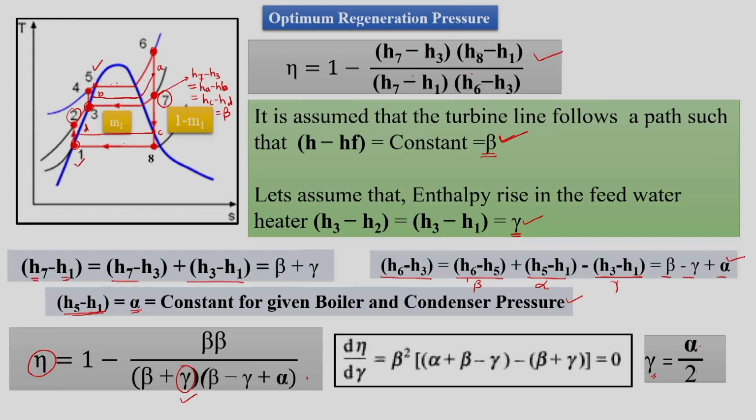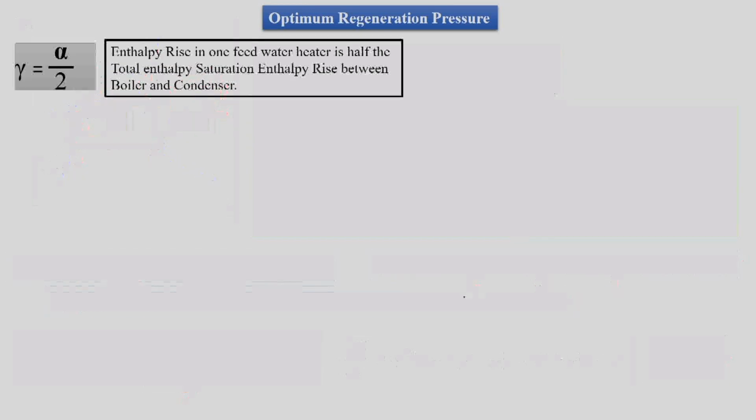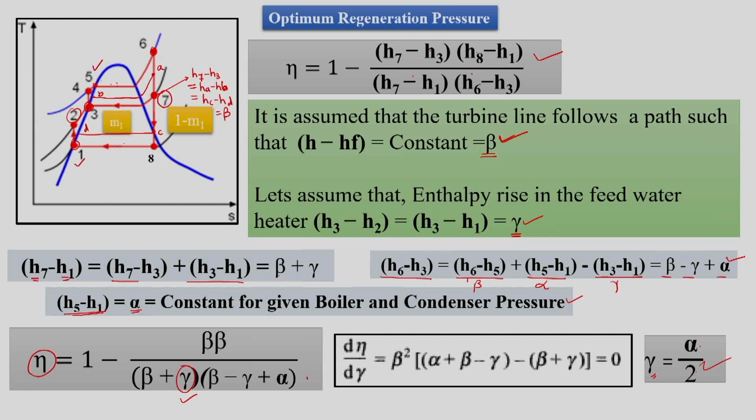In our derivation we have considered only one feed water heater, so for one feed water heater it has to be put at an intermediate level between these two saturation conditions.